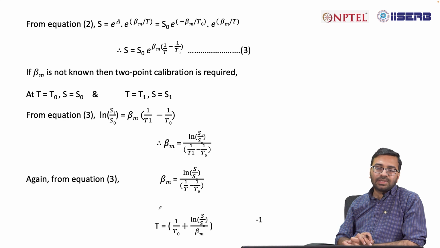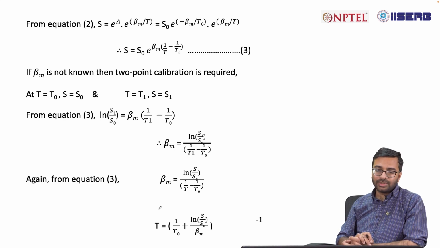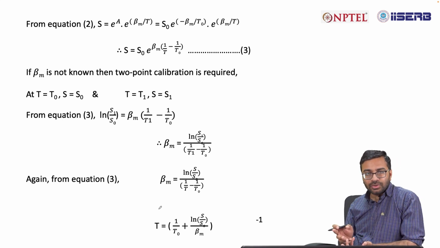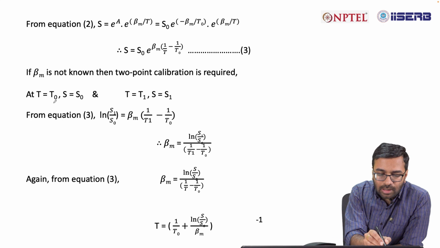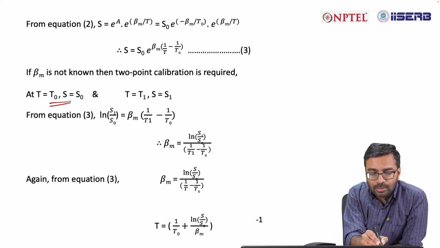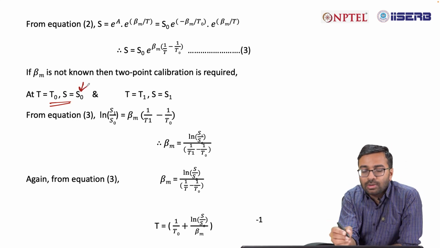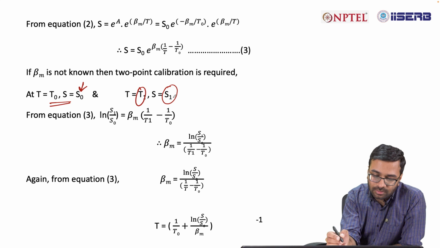And then, for example, say you also do not know the value of beta m, which is a material property. In that case, you take a 2-point calibration. One condition you already know, that at T equal to T0 your response is S0. Then you also figure out at T1 what your response is.